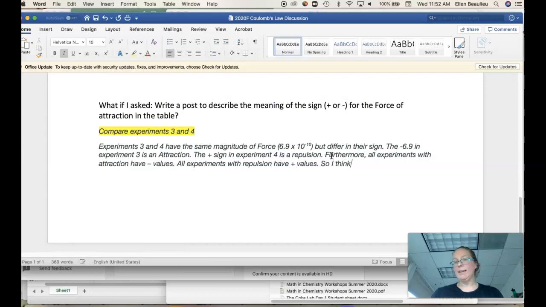So I think a negative force relates to an attractive interaction between those particles, and a positive force relates to a repulsion. It's as simple as that.